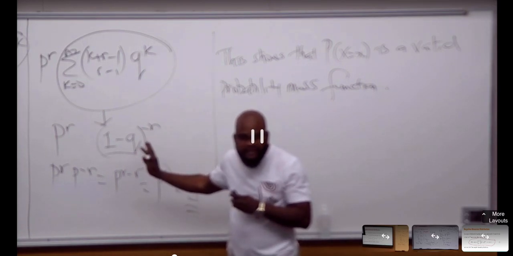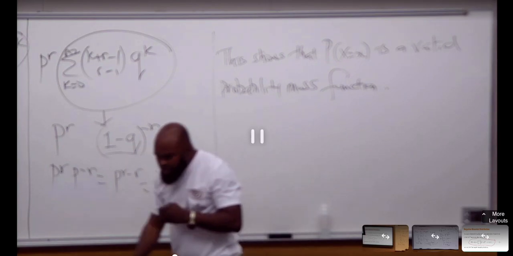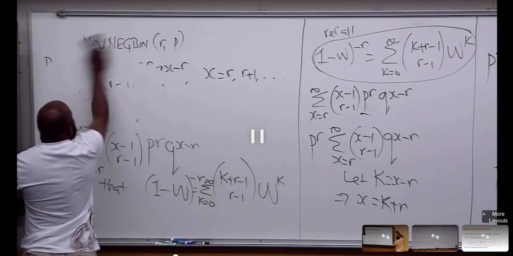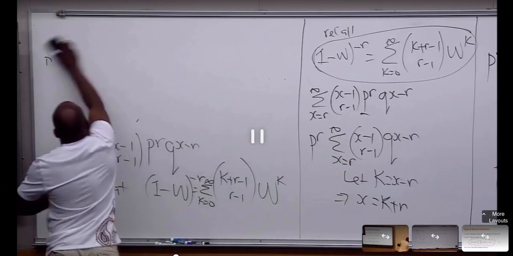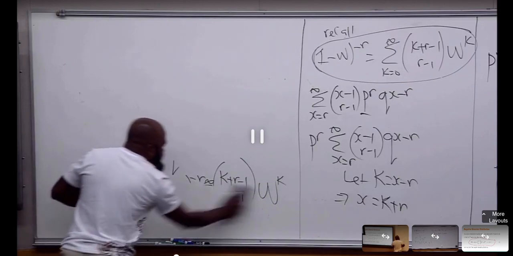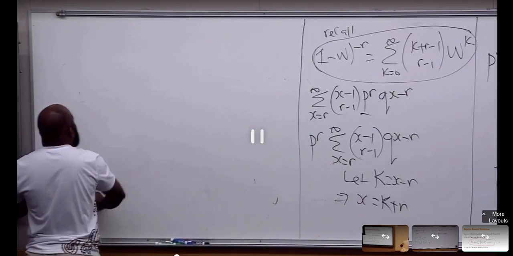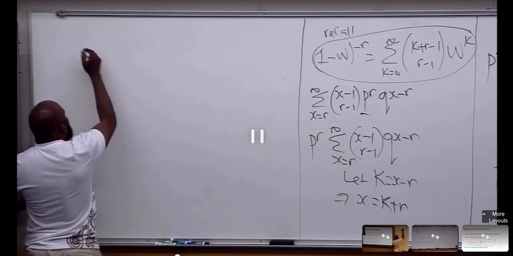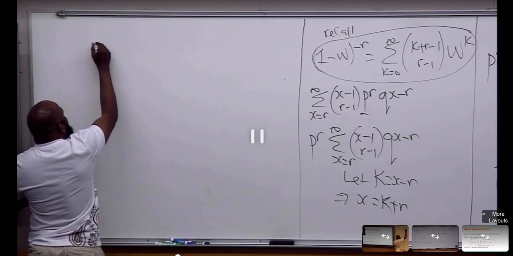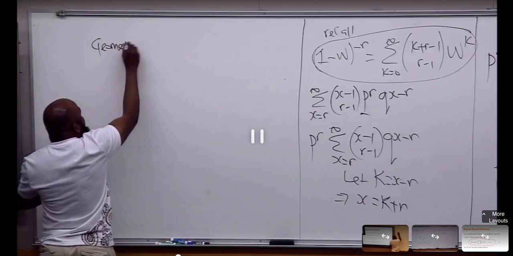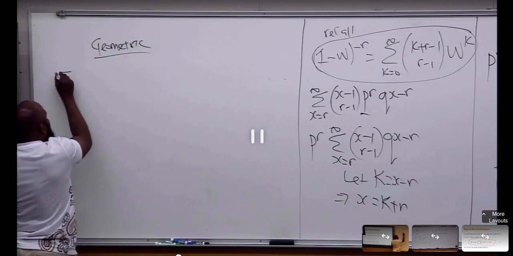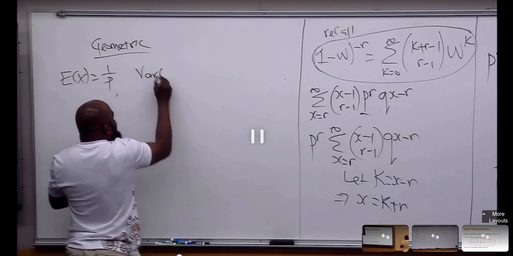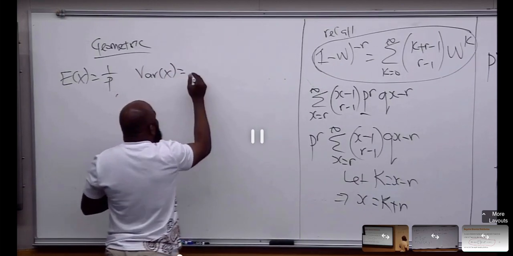Now the next thing I want to do is use the fact that for the geometric distribution, the expected value of S is 1 over p and the variance of S is q over p squared.